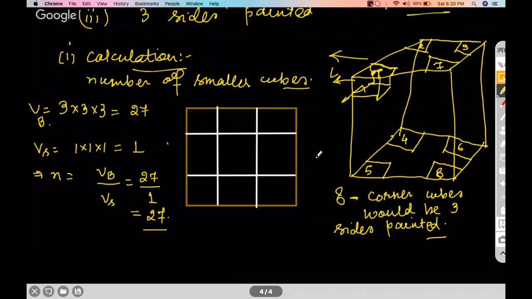Now, how many of them would be two-side painted? Two-side painted means common to two surfaces. Common to two surfaces means any cube which is falling on an edge, like this cube in between these two corner cubes. This cube would be two-sided, so one on the top and one on the front. So the rule is, corner cubes are three-sided.